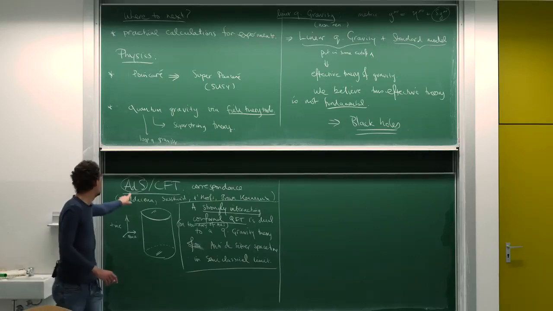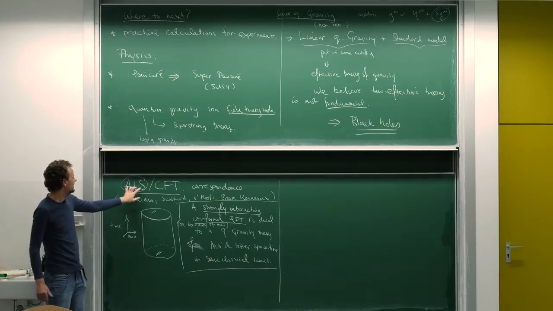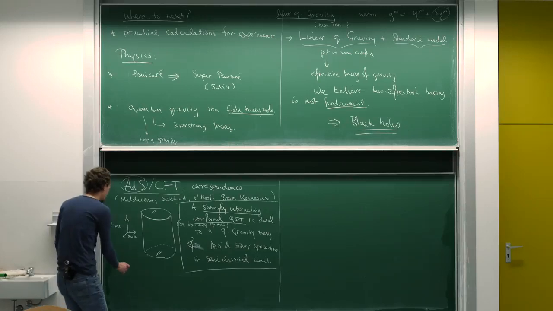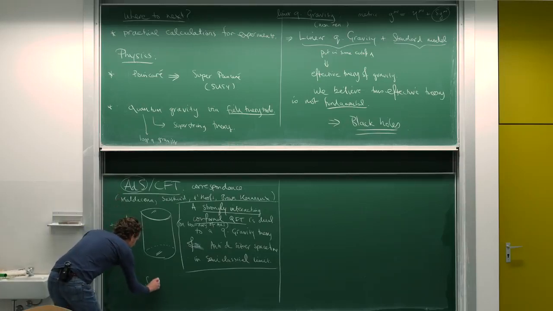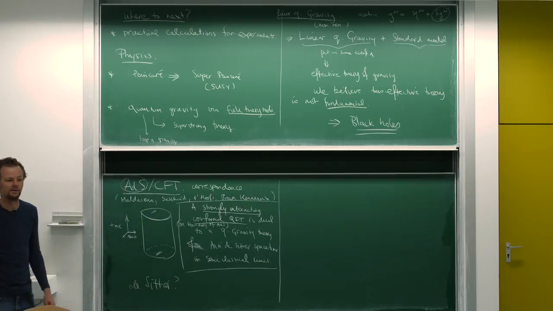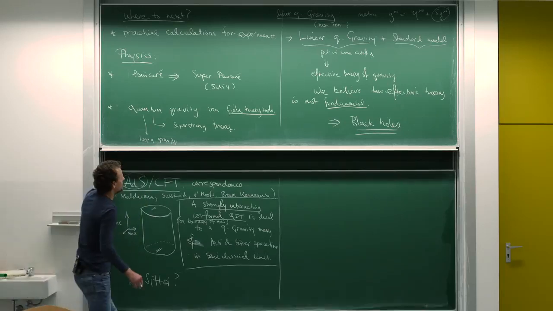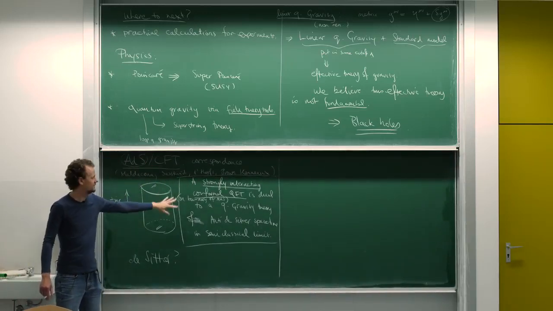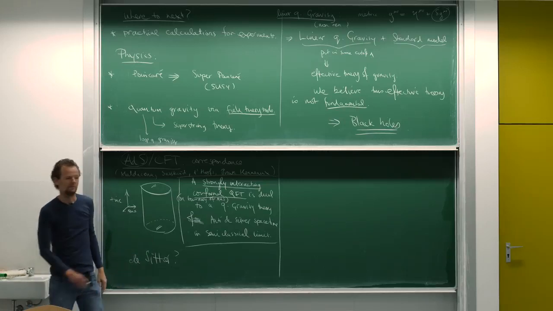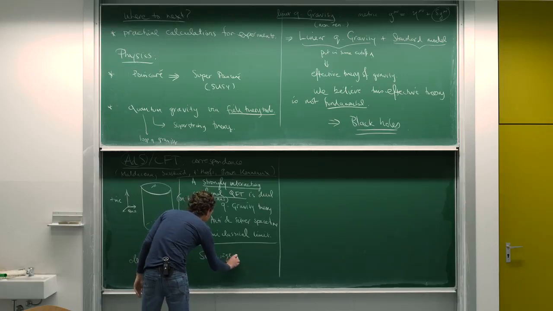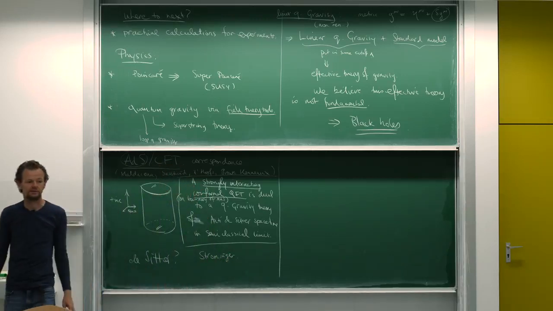But of course, there's one criticism that people make, namely that anti-de Sitter space is not the space-time we find ourselves in. So the open direction here is de Sitter space, which is the space-time that we find ourselves in. There's only very little work on this topic at the moment. There is a kind of correspondence that mirrors this analogy for de Sitter, but I think it's fair to say that it's not fully explored yet.